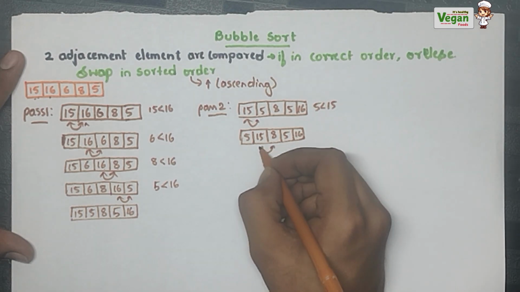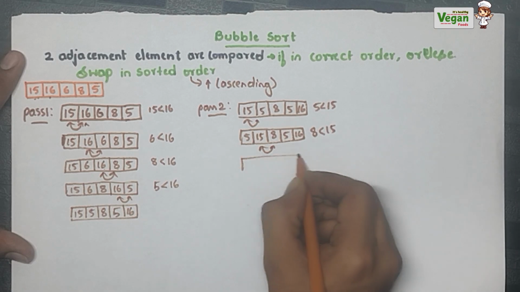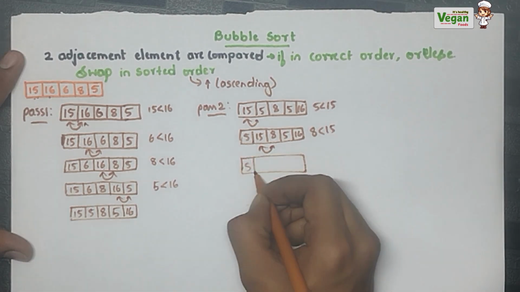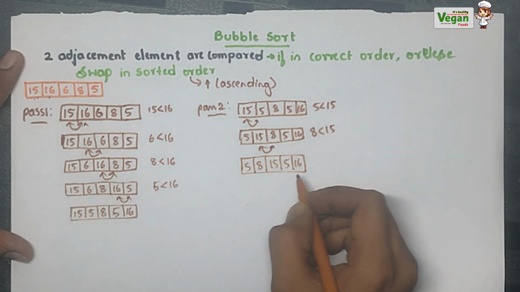Now 15 and 8 will be compared. 8 is less than 15, so swap: 6, 8, 15, 5 and 16.